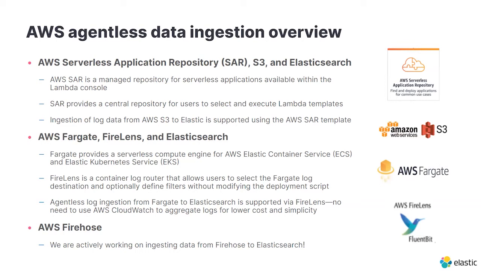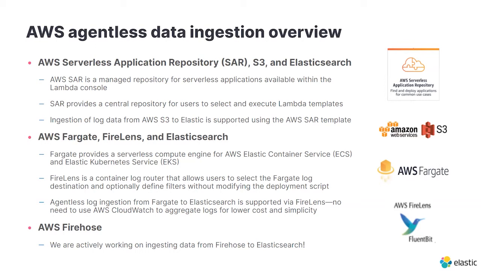The second use case involves AWS Fargate, FireLens, and Elasticsearch. So Fargate is essentially a serverless compute engine for AWS's container offerings, right? Whether you're using AWS ECS or EKS, Fargate is an option that you can choose to use as the underlying serverless compute engine.